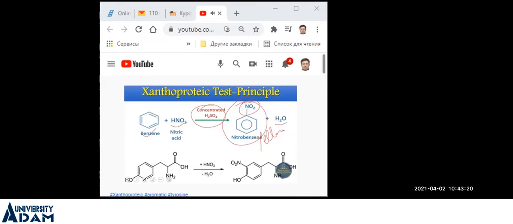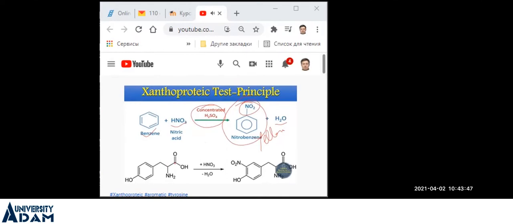This is a tyrosine molecule, the tyrosine amino acid. This is COOH, and this is the alpha carbon, which has NH2, H, and the R group. The R group in tyrosine is going to undergo a nitration reaction.